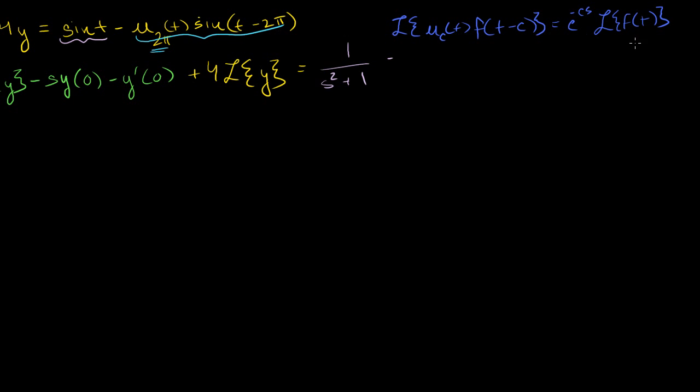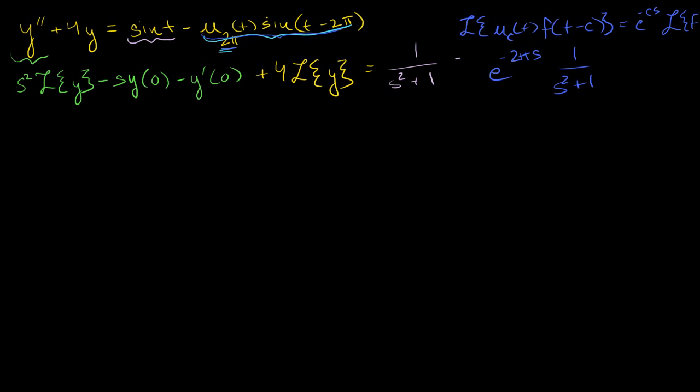So it's going to be equal to e to the minus 2 pi s times the Laplace transform of f of t. F of t is just sine of t, before we shift it. This is f of t minus 2 pi. So it's going to be times 1 over s squared plus 1. This is the Laplace transform of sine of t.